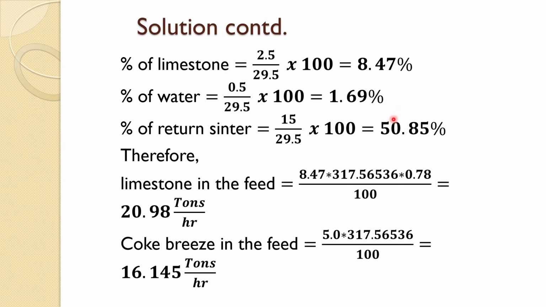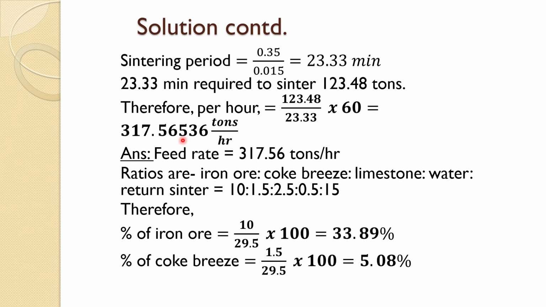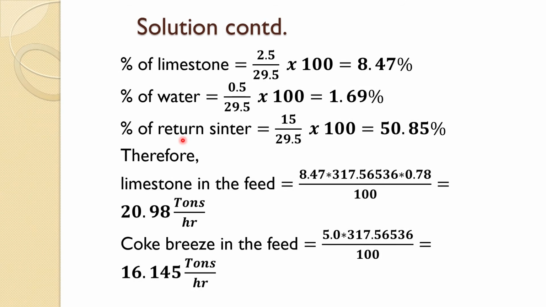So, once we know this, then we can calculate the feed of limestone in the feed. We know 8.47, then we know the total feed rate and the percentage we have in the limestone with the CaO, from that we can calculate this factor.